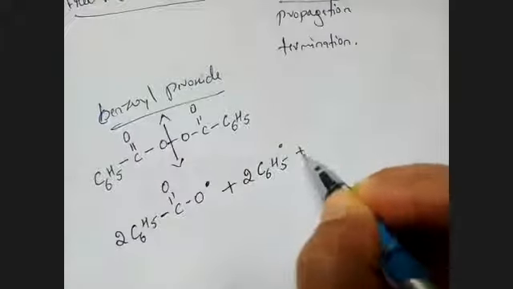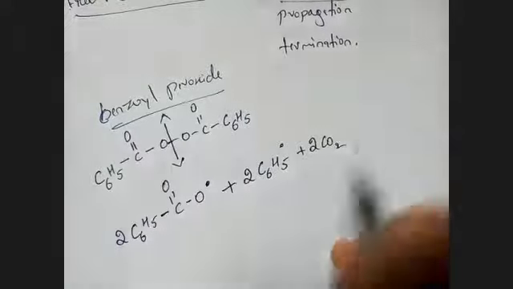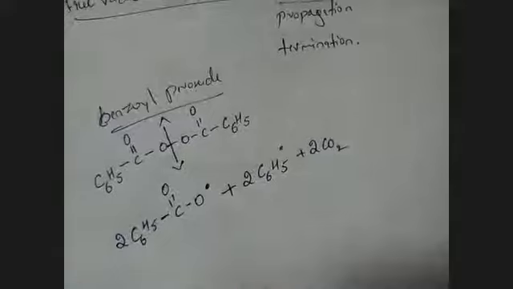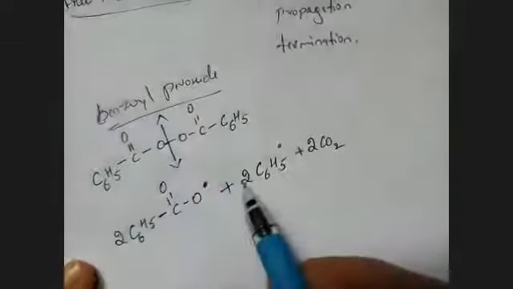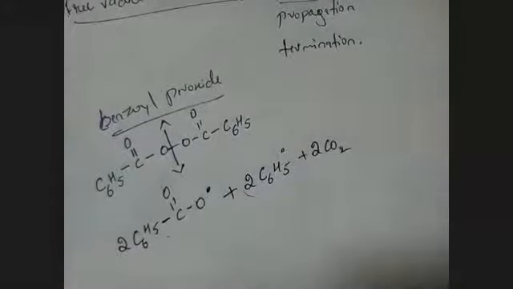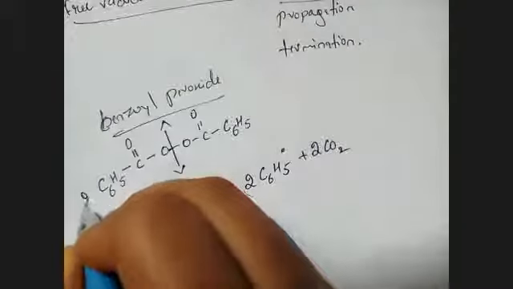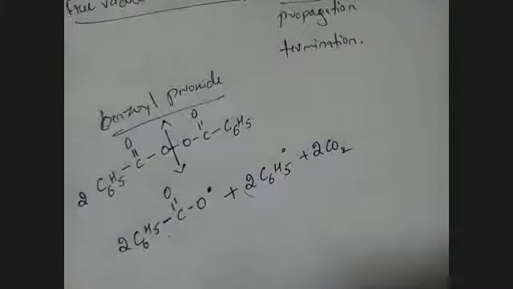This is the product we are getting. You can ask, ma'am, here we have only one molecule, so if you write like this, is it balanced? Then where will you get this and all? This is my question. So at that time, I'll write it as two molecules. Does it balance? Please check it fast. Does it balance now?